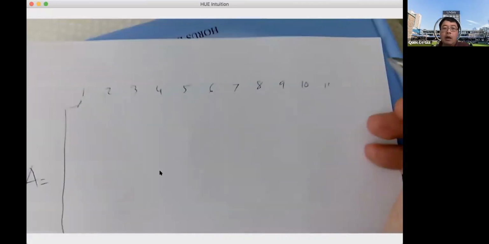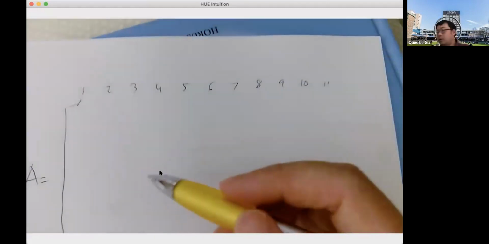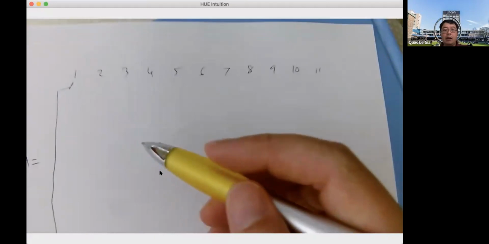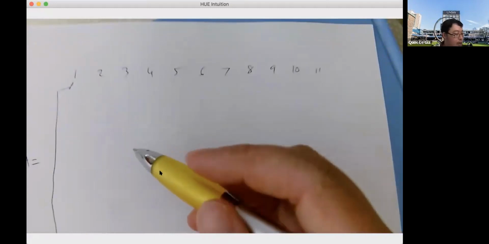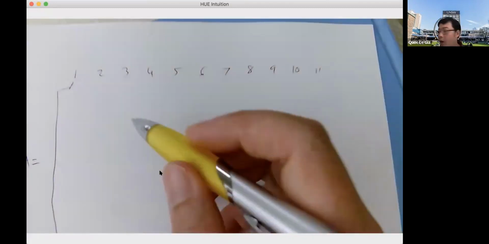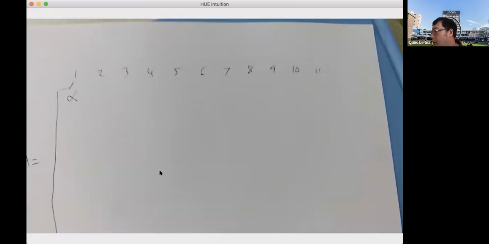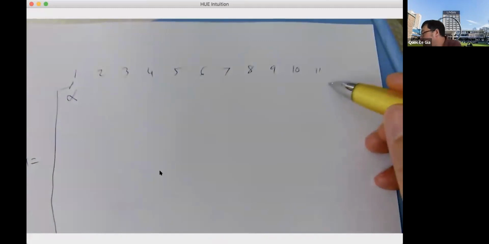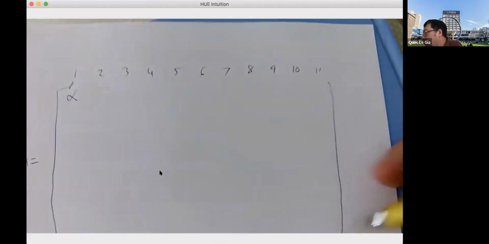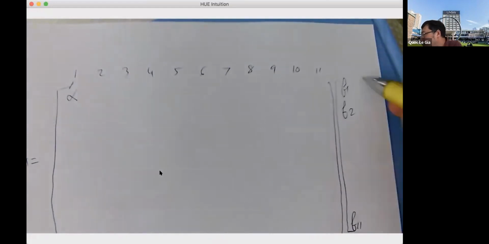Okay. And the first equation, if you look back again, is just alpha F1. So you see the matrix multiplies with a vector F1, F2 up to F11.